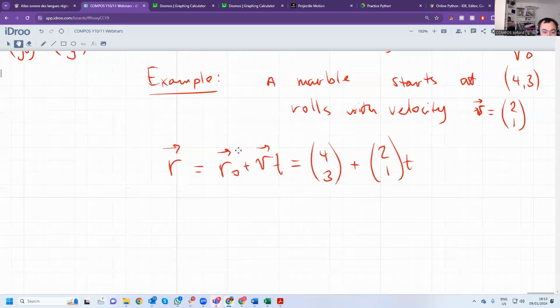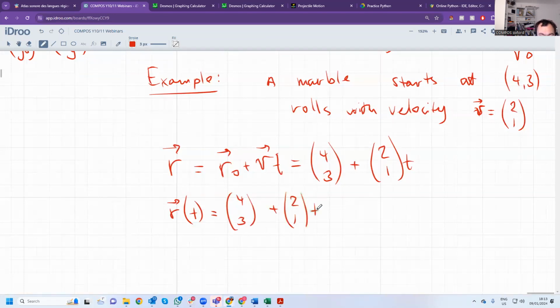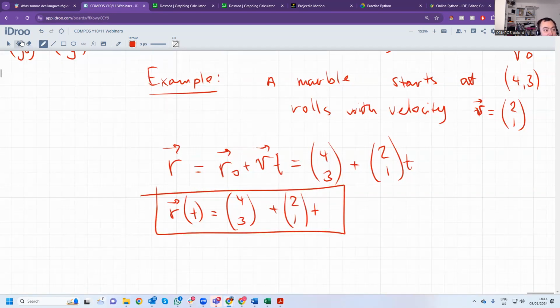This is the equation of motion. So the radius vector, the position vector of the marble at any given moment of time is (4, 3) plus (2, 1)t. That means if you substitute t, it tells you the position of the marble.